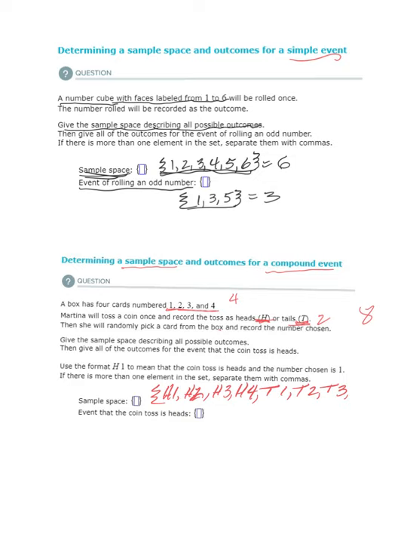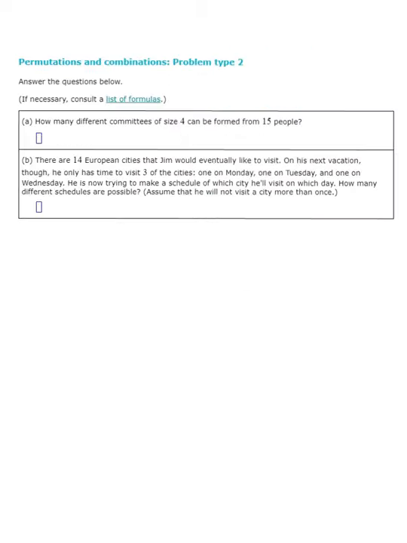And those are my 8 events in the sample space. The event that the coin is a heads, well, there are 4 of those, right? There's this one, this one, this one, and this one. Those are my 4 possibilities of having a head. Okay. All right, moving on. All right, here we go. 3-6.